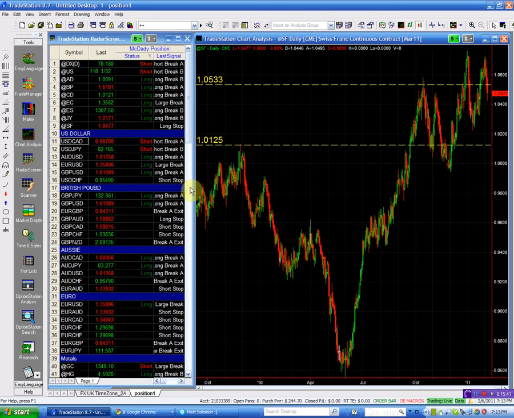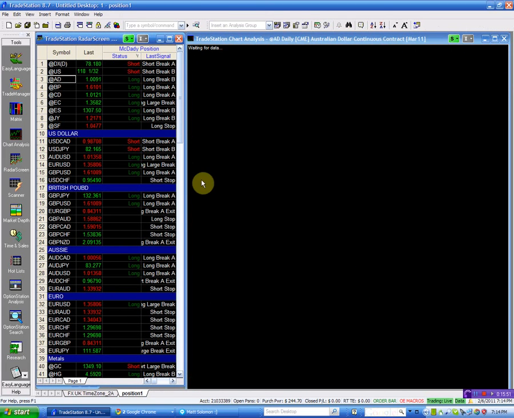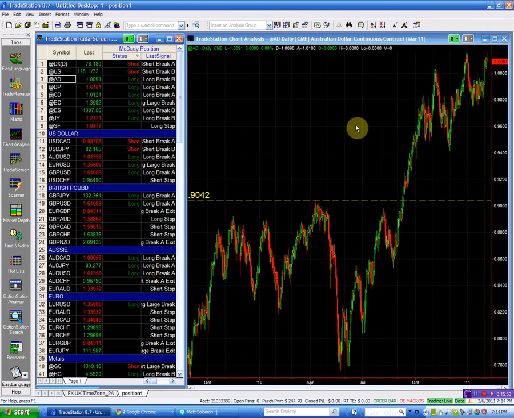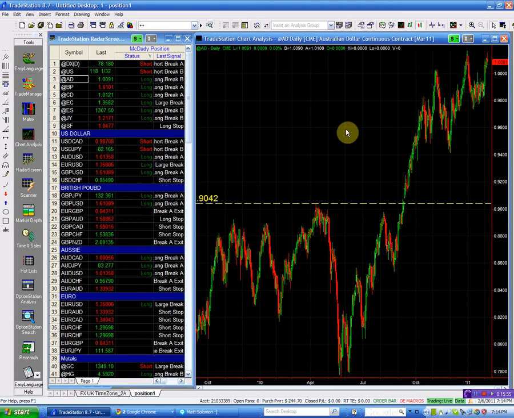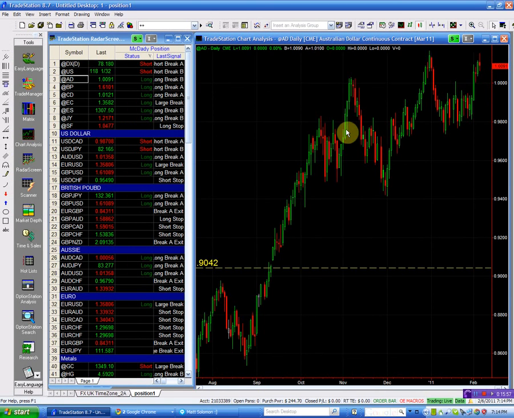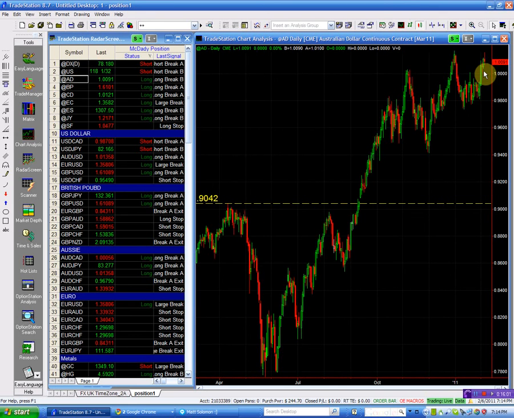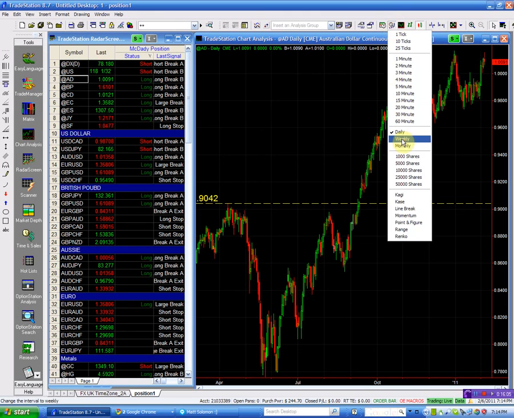Now what that leaves us with is the two currencies, which are the Australian dollar and the Canadian dollar. So if we look at the Aussie, you can see that the Australian is still in a major uptrend.